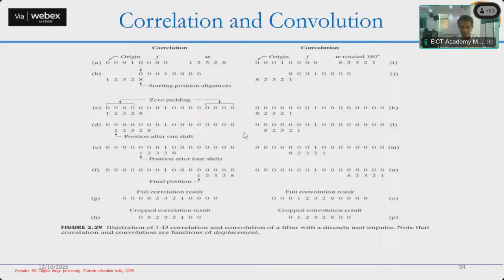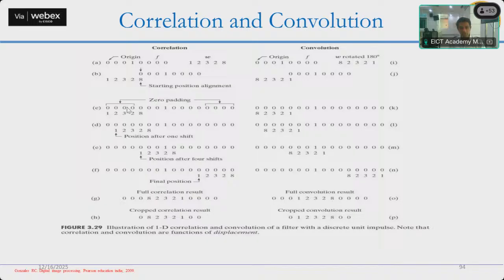Only see what you can notice here. For example, when we are doing it, this is our mask 1, 2, 3, 2, 8, and this is our original, basically the image element. So the first thing we are doing is aligning the last element of the mask with the first element of the original signal.